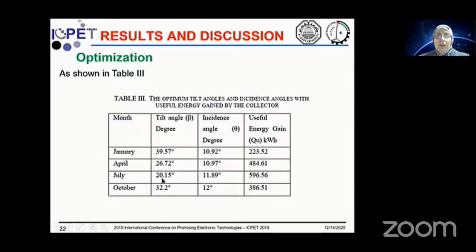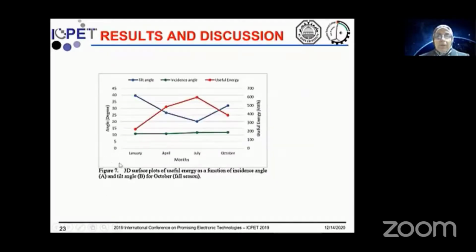In July, at a tilt angle of 20.15 degrees and incidence of 11.89 degrees, we get 596.56 kilowatt hours. In October, at 32.2 degrees and an incidence angle of 12, we get useful energy of 386.51.